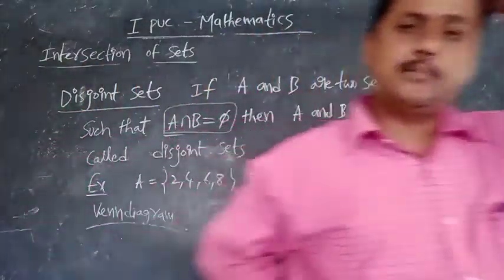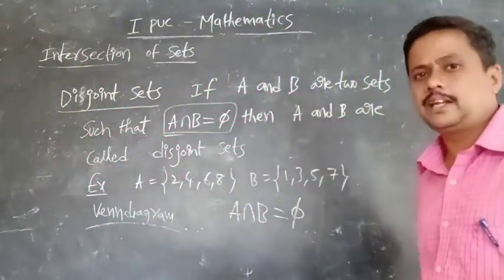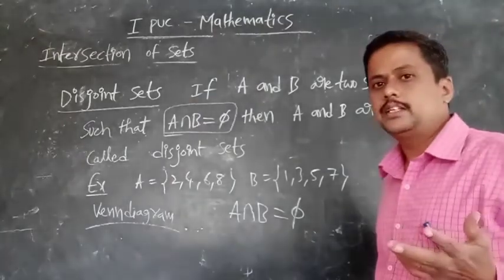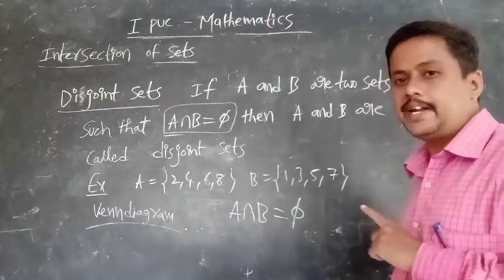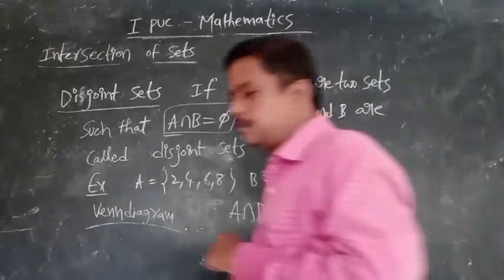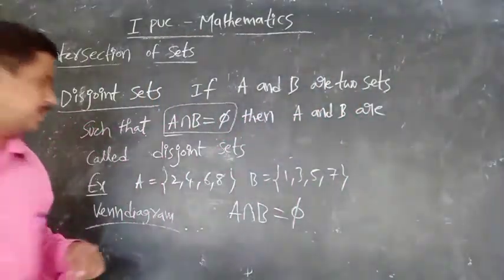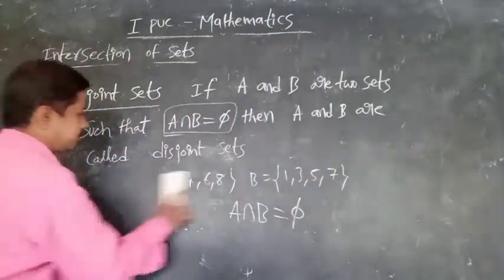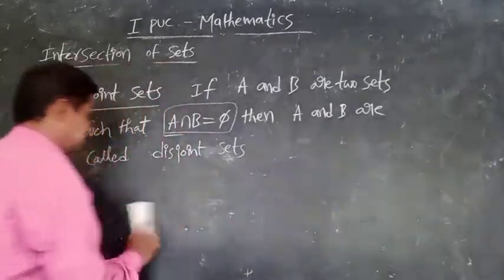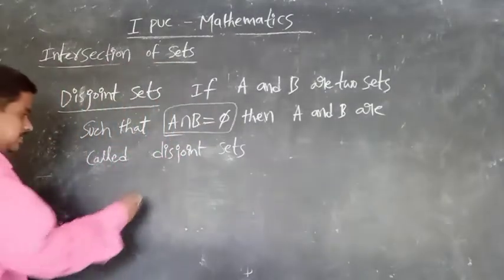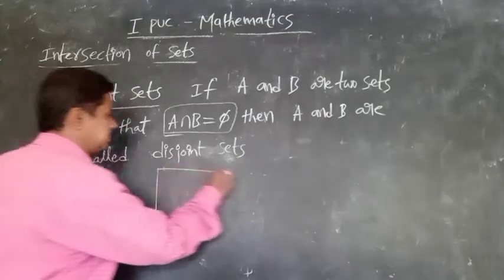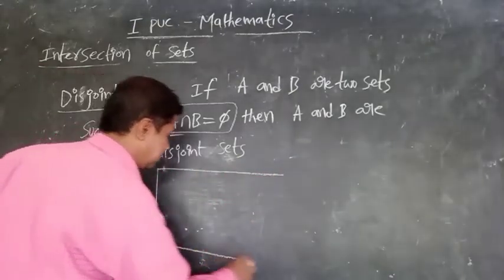Next, by observing alone we can easily understand what disjoint is. That's why we write a Venn diagram for this, one Venn diagram in the notes. I will write one Venn diagram. This is the universal set.